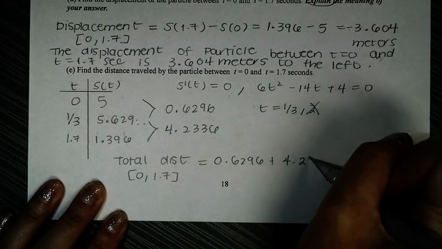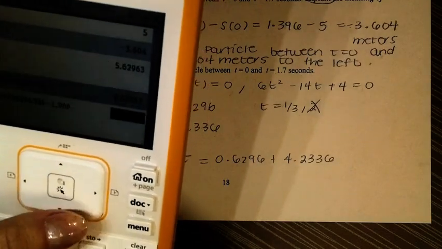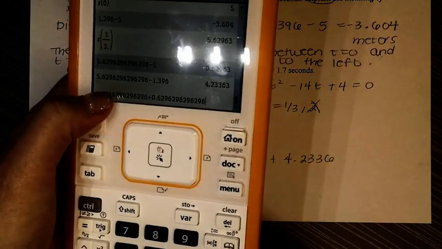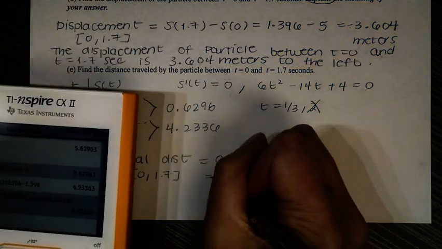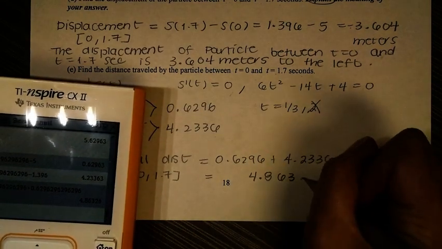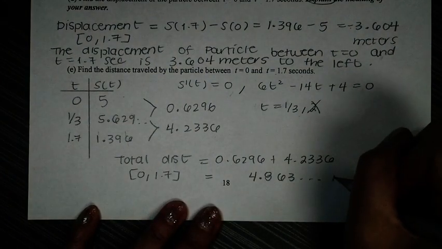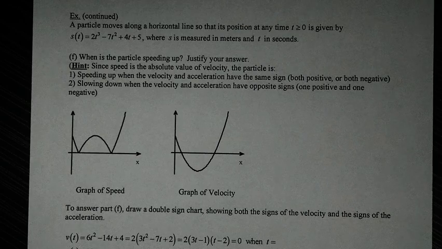Since you have the calculator, I would not round anything, and I would add both numbers fully, with all the decimal places. Your result here is going to be equal to 4.863 and more decimals. But we only care about the first 3 decimal places, and that one is in meters. And that's it for this part of the problem.